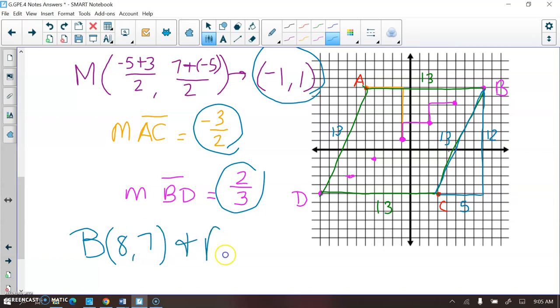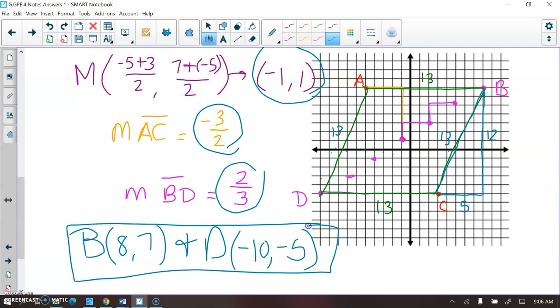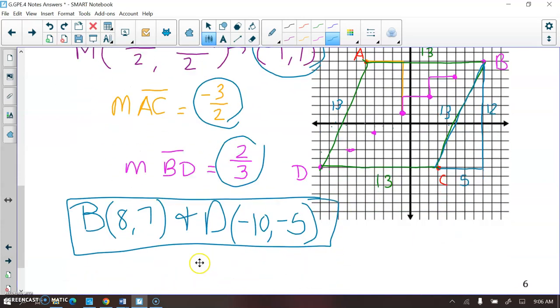And point D was at the point -10, -5. So those are my 2 points to create my rhombus. All right, that brings us to the end of this lesson.